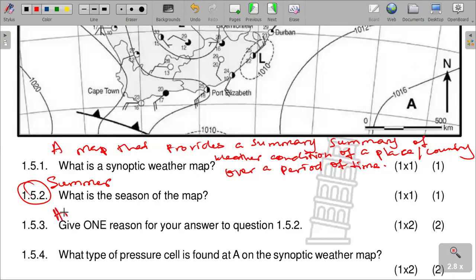They're saying high temperatures over the interior. It causes summer there, and then we also have low pressure.